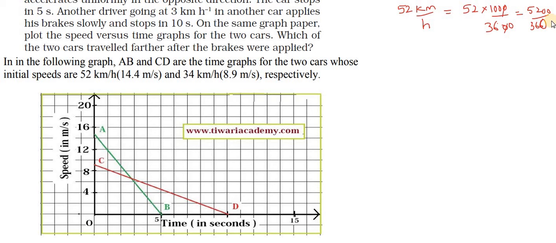So it is nothing but 14.4. Why is it 3600? Because we are converting from hours to seconds. 1 hour is equal to 3600 seconds.